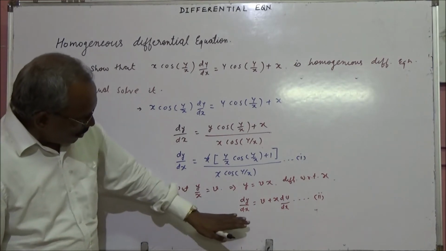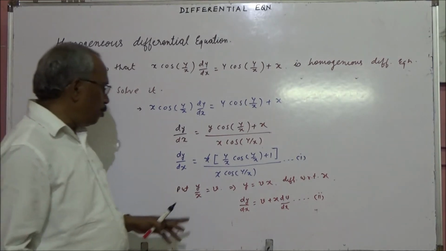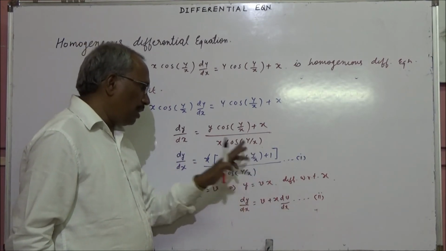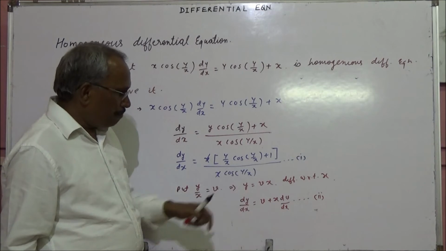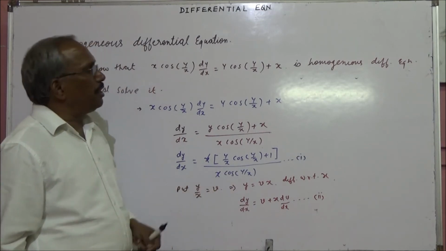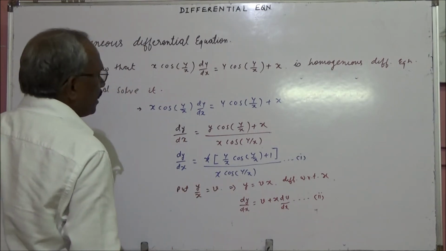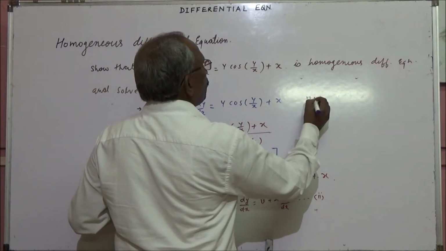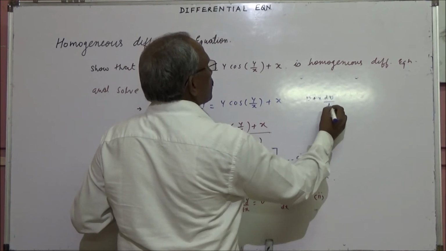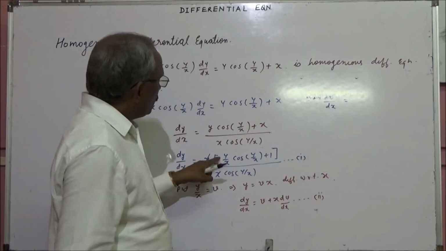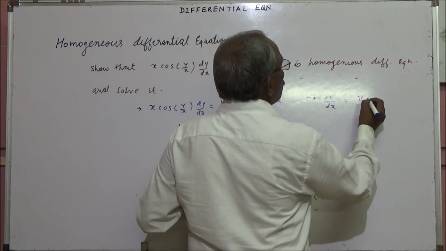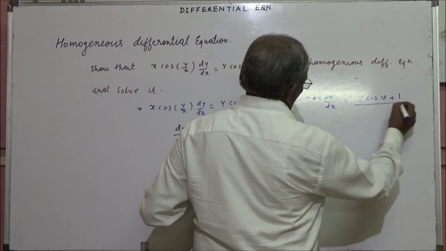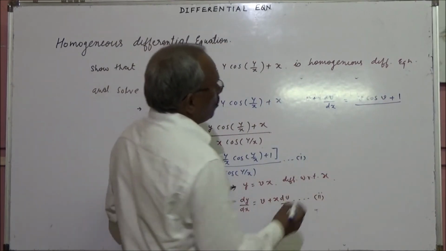So using equation number 1 and 2, in place of dy by dx write this, and wherever there is y by x, write y by x is equal to v. So therefore I can write here v plus x dv by dx is equal to v into cos v plus 1 upon cos of v.